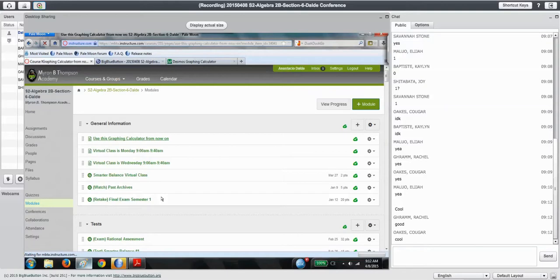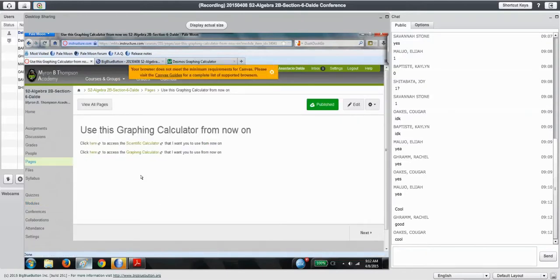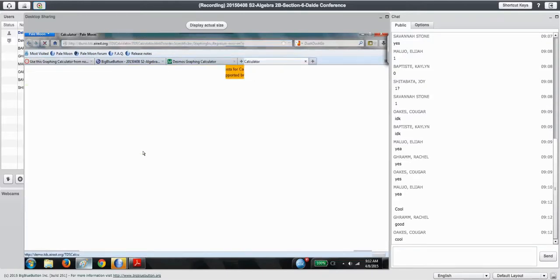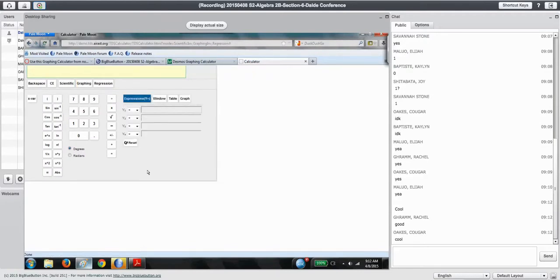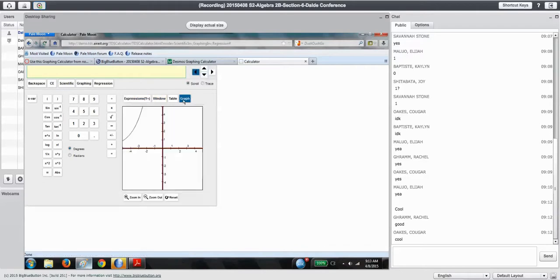I'm going to open up the graphing calculator and model this function, 28 times 2 to the x. I know it said t before, but I can interchange those. Graph.